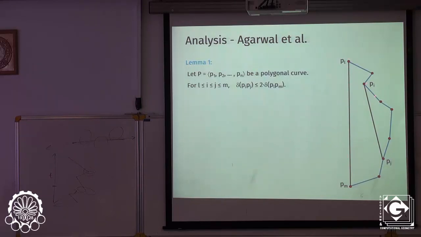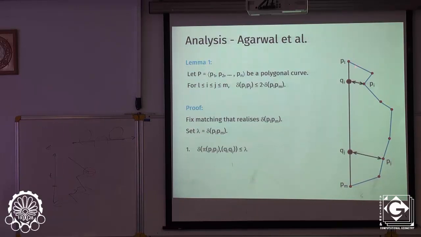And the argument here is, I look at the parameterization that gives me the delta for the longer one. Let's call that one lambda. So lambda is now the value for the Fréchet distance from the long segment to the subcurve. Now, this alignment in particular also aligns this subcurve with part of this larger segment, so maybe with a part starting at some qi and some qj.